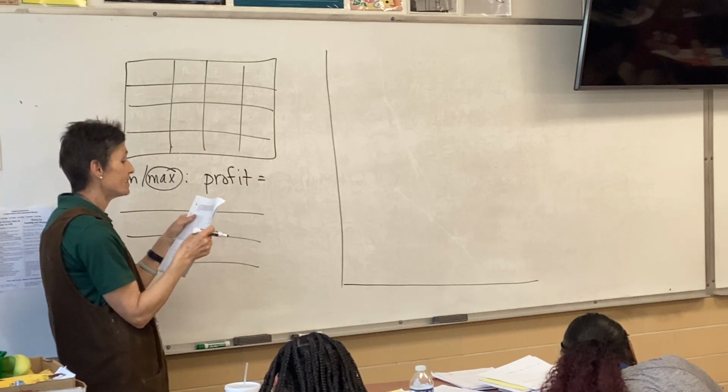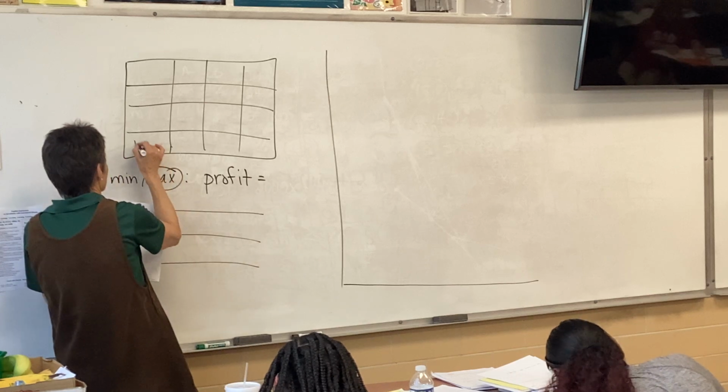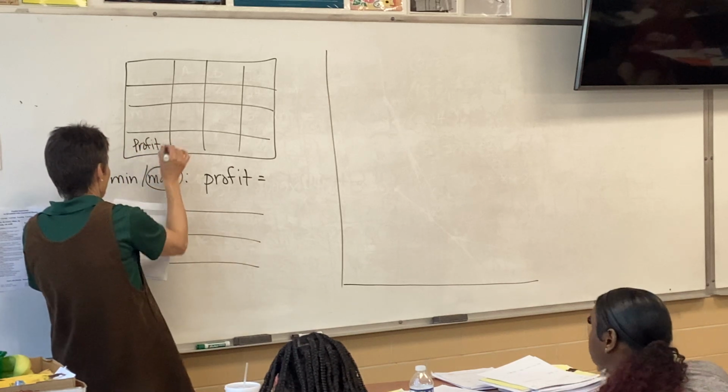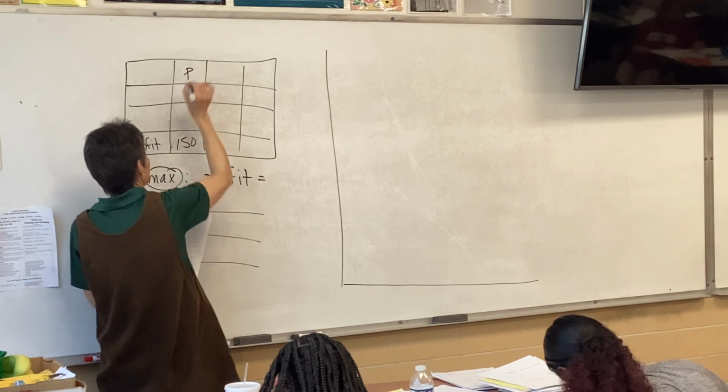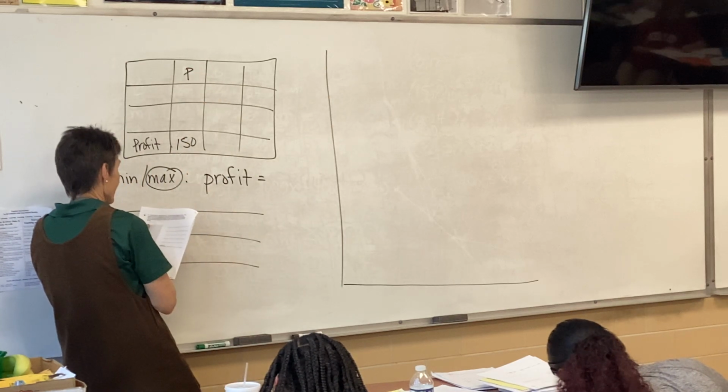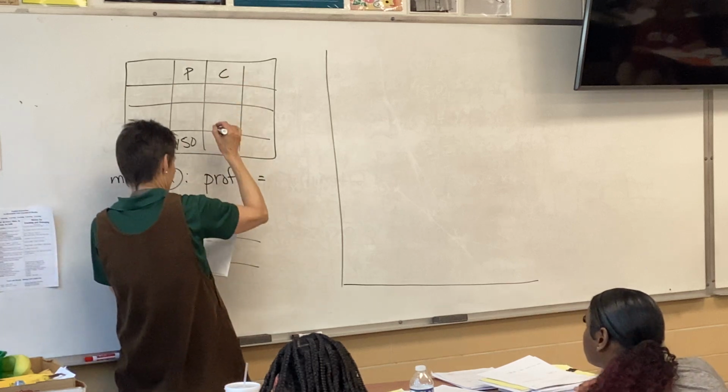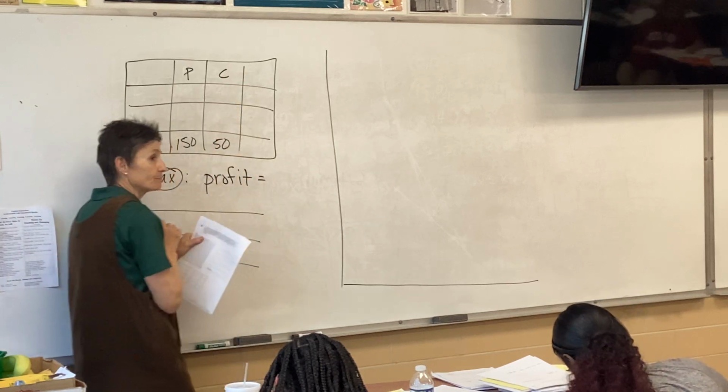The profit for an acre of potatoes is 150, so this is gonna be potatoes. And the profit for corn is 50.